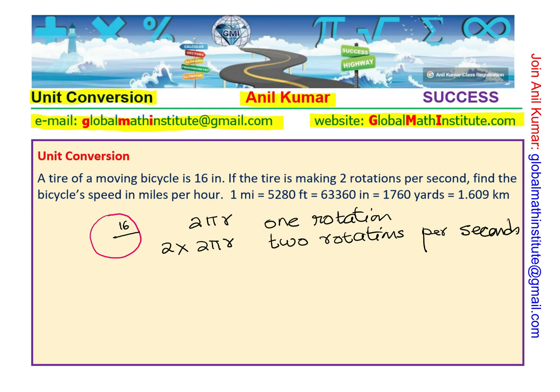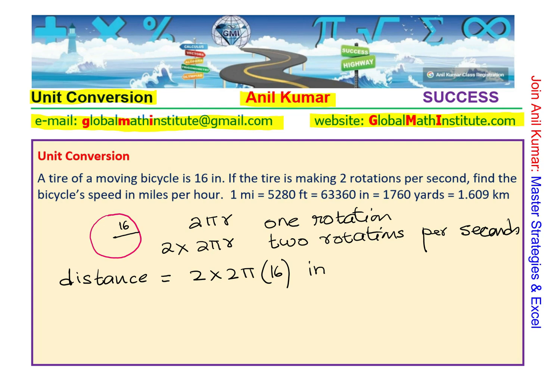The linear distance will be 2 into 2 pi, radius being 16, and definitely the units will be inches. So that becomes the distance covered in inches, and this distance is in 1 second.